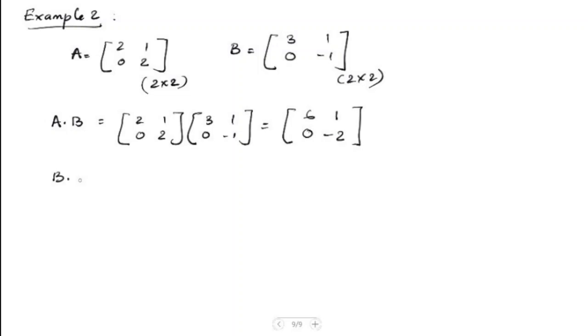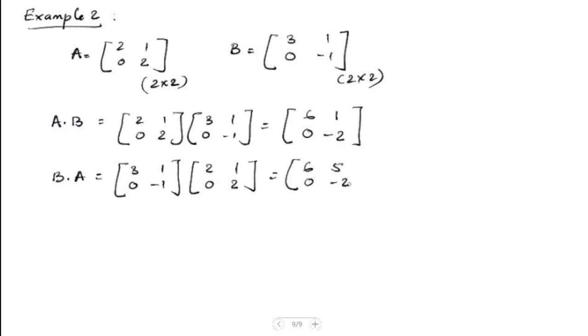And B times A, we have 3 1 0 minus 1 times A, 2 1 0 2, and this gives you the answer as 6 5 0 minus 2.